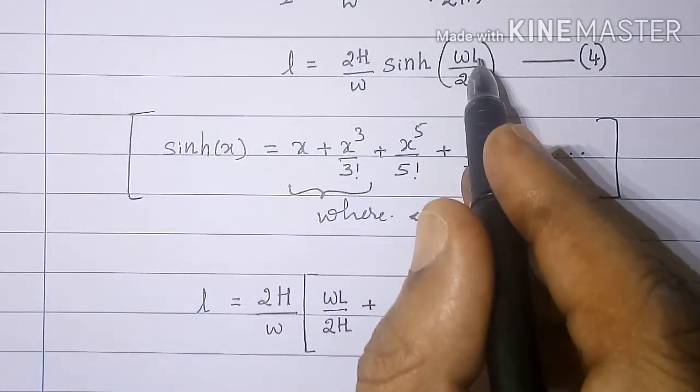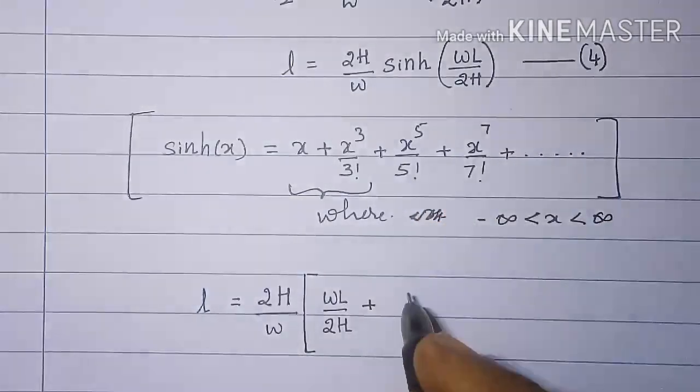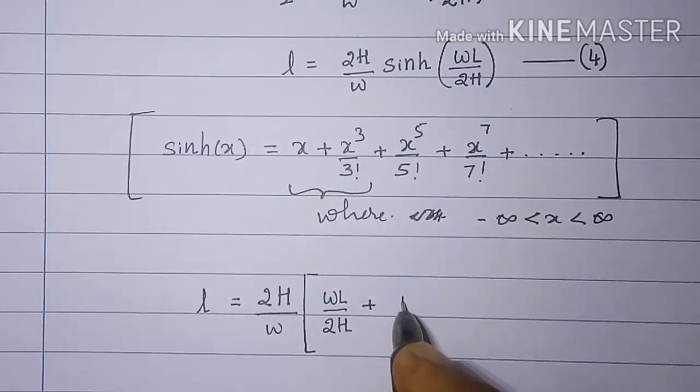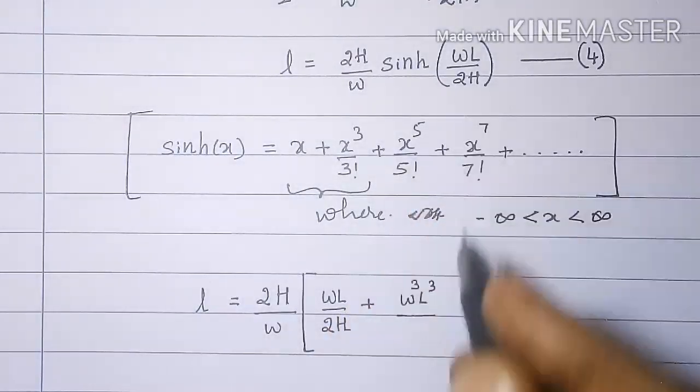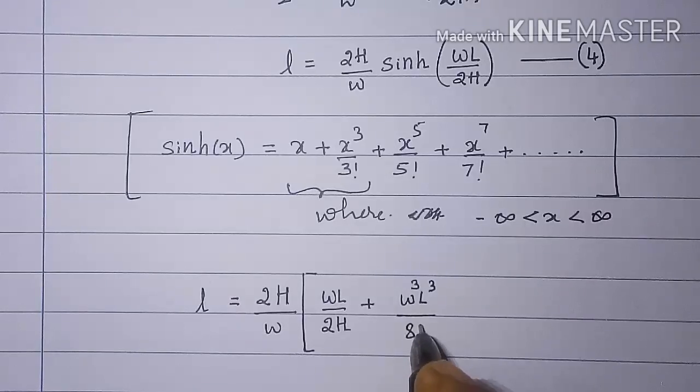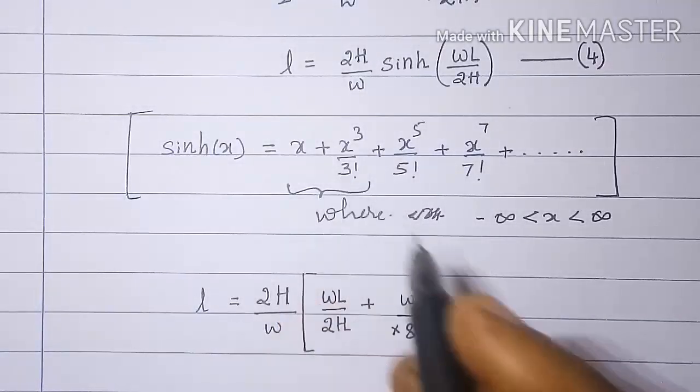X cube means WL upon 2h whole cube. So that will be W cube, L cube, 2 cube is 8, into h cube, into 3 factorial.